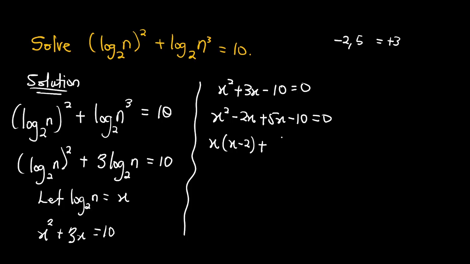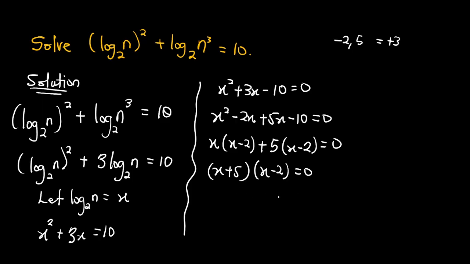Then I have here plus 5x and then negative 10. If we look through these two, we realize that 5 is common, so I'll have here into bracket x minus, here we'll be left with 2. So this is equal to 0. So therefore, my two values will be x plus 5, x minus 2 is equal to 0.